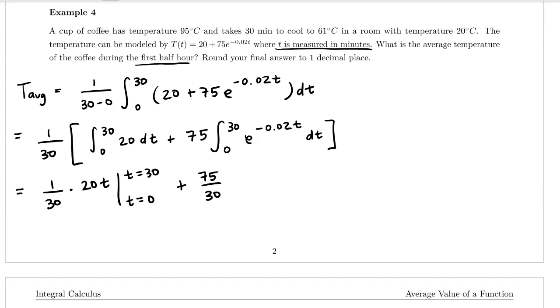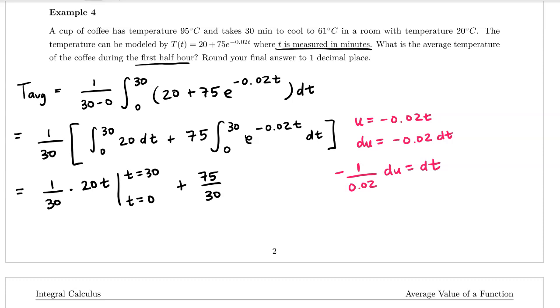And then if I distribute the 1 over 30 into my second integral, I have that. And off to the side here, I'm going to need to use u substitution. So I'm going to set u equal to negative 0.02t. That's going to give me that du is equal to negative 0.02 times dt. And if I solve this for dt, I get negative 1 over 0.02 times du is equal to dt.